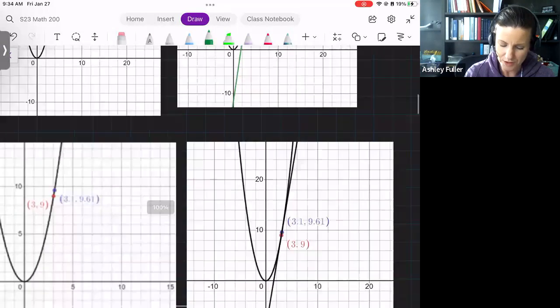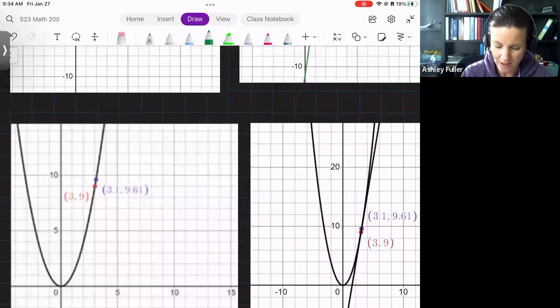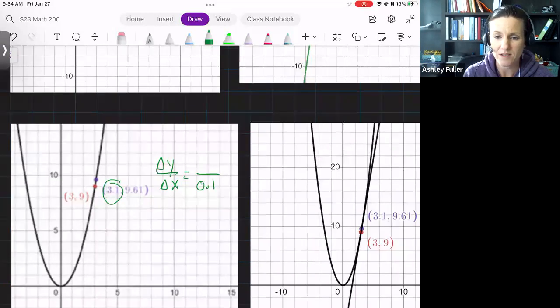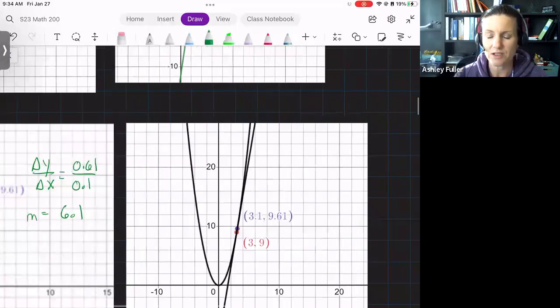If we get a little bit closer, perhaps we shrink from 4 down to 3.1, then we can calculate the delta y over delta x for these points, and that delta x is moved all the way down to 0.1 from the 1 that it was previously. When you calculate the change in y, you get 0.61, and this results in the slope of the secant line being 6.1. So now we have a secant line that's even closer to being tangent at the point 3.